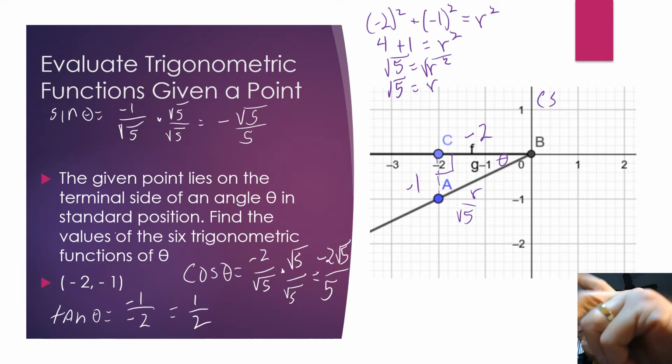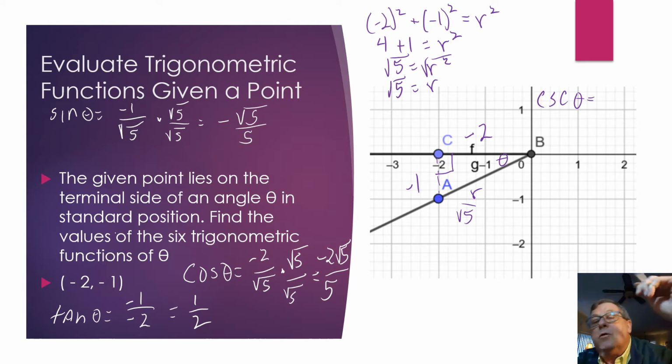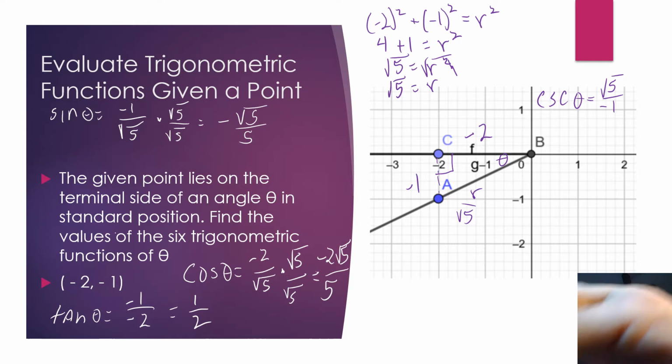Cosecant, not CSS, CSC. Cosecant of theta, in this case, is going to be my radius over my y-coordinate, which is the square root of 5 over -1. It's a reciprocal of my sine. And of course, that could simplify to just the negative square root of 5.